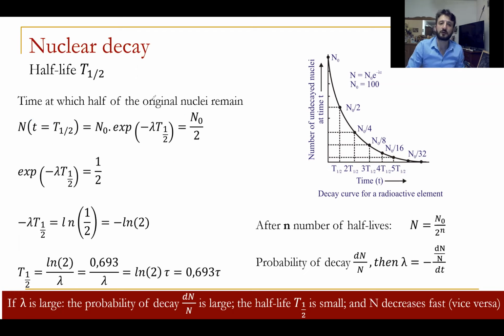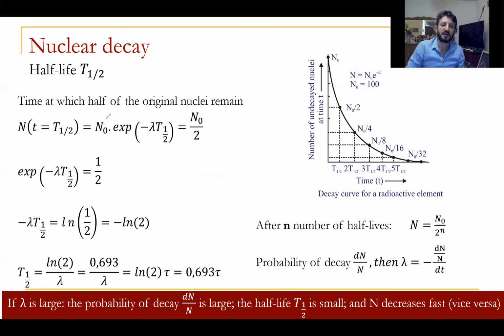Here, I want to calculate the value of t half in terms of lambda and in terms of tau. In order to calculate t half, we use the decay law, N(t), and we substitute the value of t by t half.